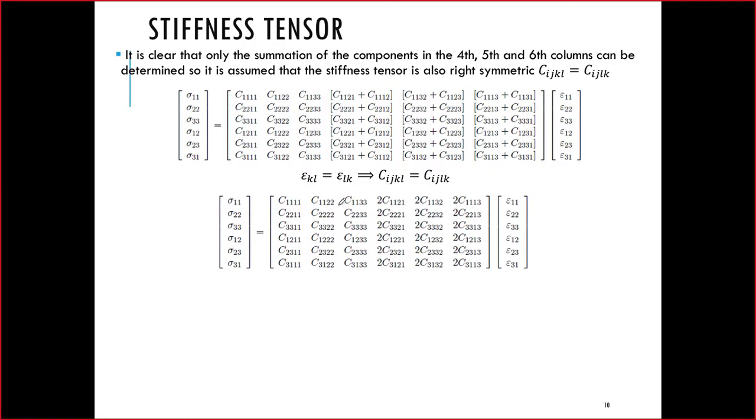That's one reasoning. But the second one is just using index notation, if I know कि epsilon is symmetric, so these indices can be swapped together, and that must also be the case in my stiffness tensor. Okay, so either these arguments work.